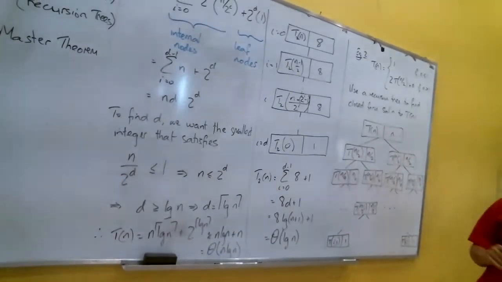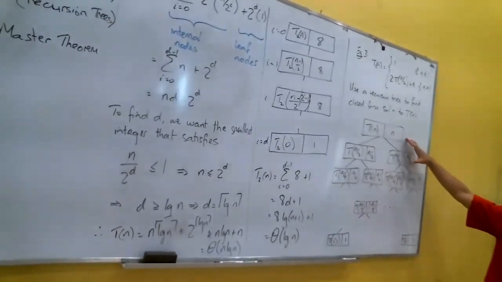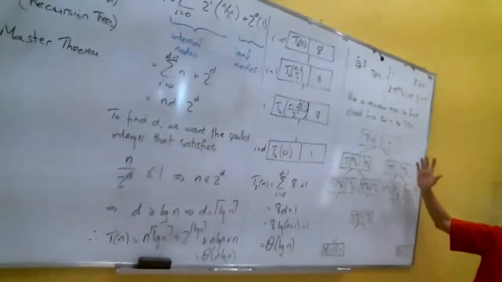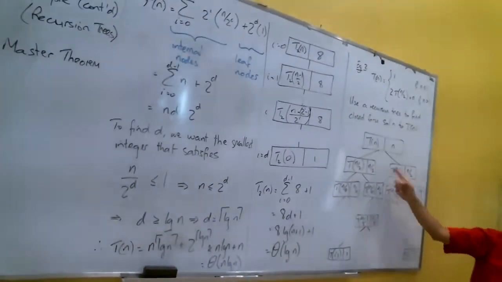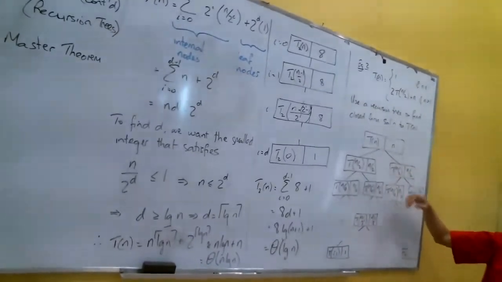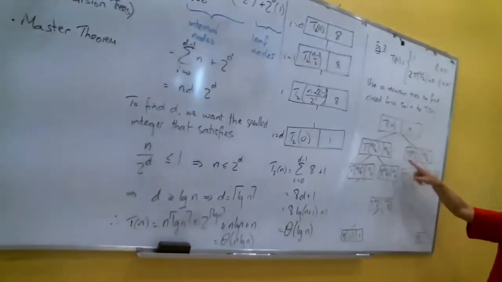What I hope you can see is, in this case, let's look at what happened. The cost of the nodes at each level ended up being the same as the first one. Notice that.